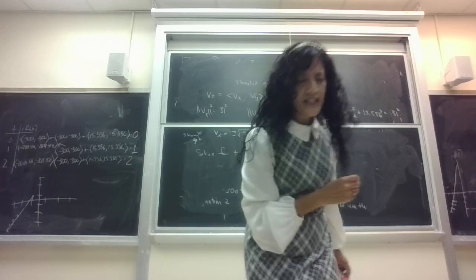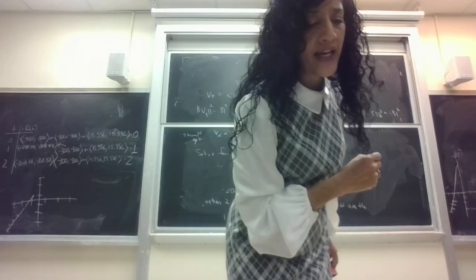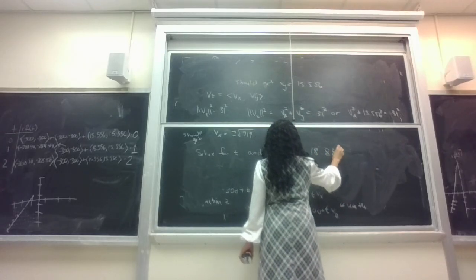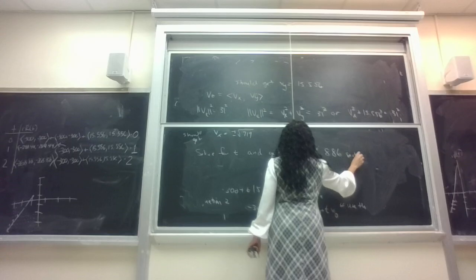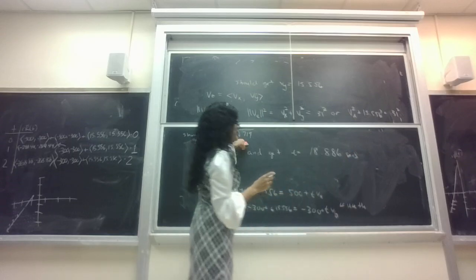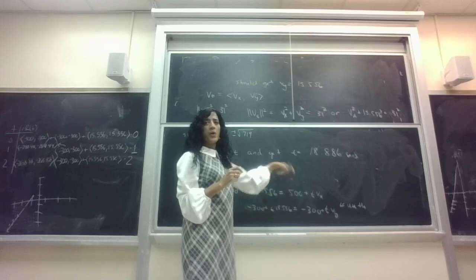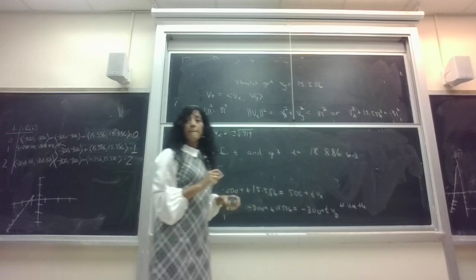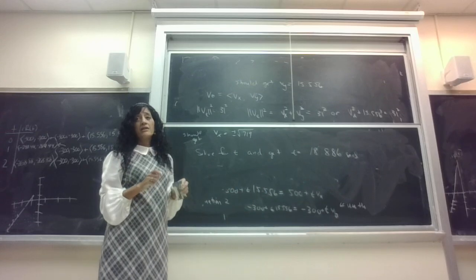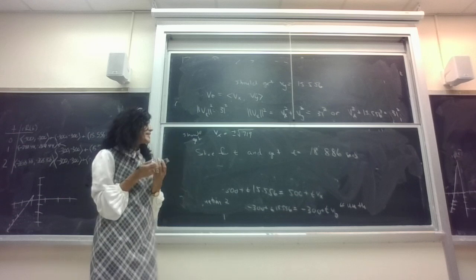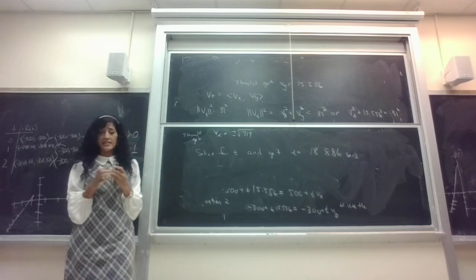You should get a t of 18.886. I think the negative square root of 719 is the one that gives you that. So one of them won't work. But now you have the time when they're going to crash: 18.886 seconds.